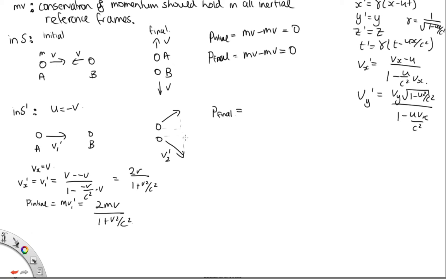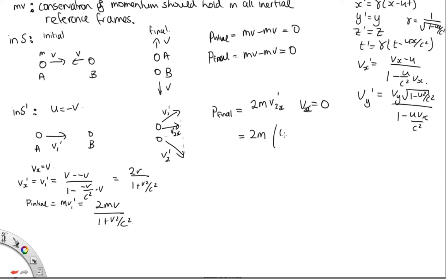This is going to be equal to, now we've said that the vertical components are opposite and equal, so we can ignore the vertical components and just consider v2x prime along here. So here's v2 prime, and there's two of these particles, so it'll be 2m v2x prime. Now in this case, the x velocity of the particles in frame S is equal to 0. So V2x is equal to 0. So substituting in here, we've got the 2m and then v2x dash.